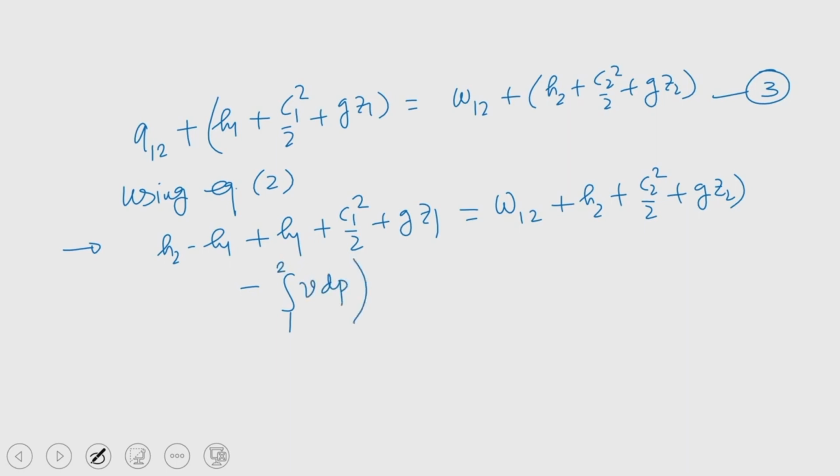So, this is the left hand side, this is the right hand side.